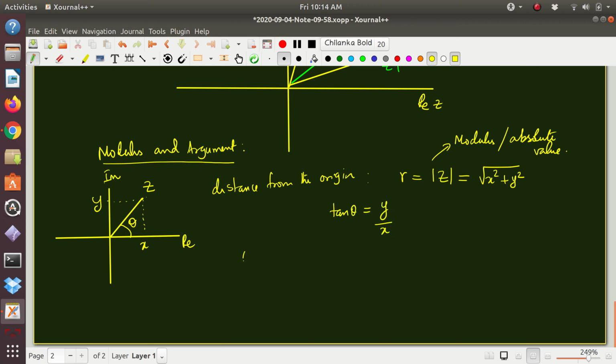So theta itself can be thought of as tan inverse of y by x, but there is a small catch, as I will tell you. So right now I will say theta is almost equal to this. I will qualify this in a few minutes, because you have to worry about the quadrant in which the point is there in the complex plane. So we'll come to that in a few minutes.